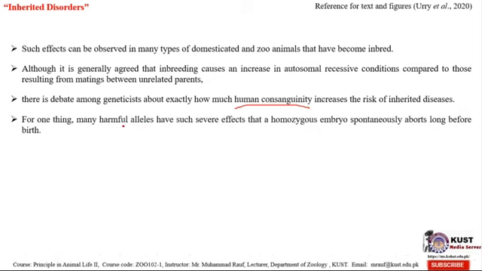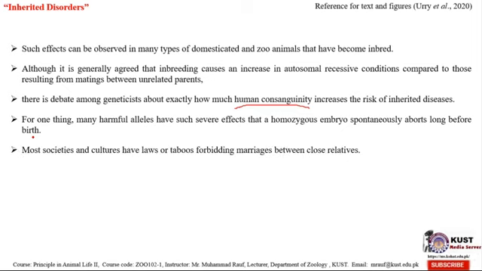For one thing, many harmful alleles have such severe effects that a homozygous embryo spontaneously aborts long before birth. Some of the genetic disorders are so lethal that the individual dies shortly after fertilization. Sometimes the individual is unable to be born normally and results in stillbirth, which is the birth of a dead baby.